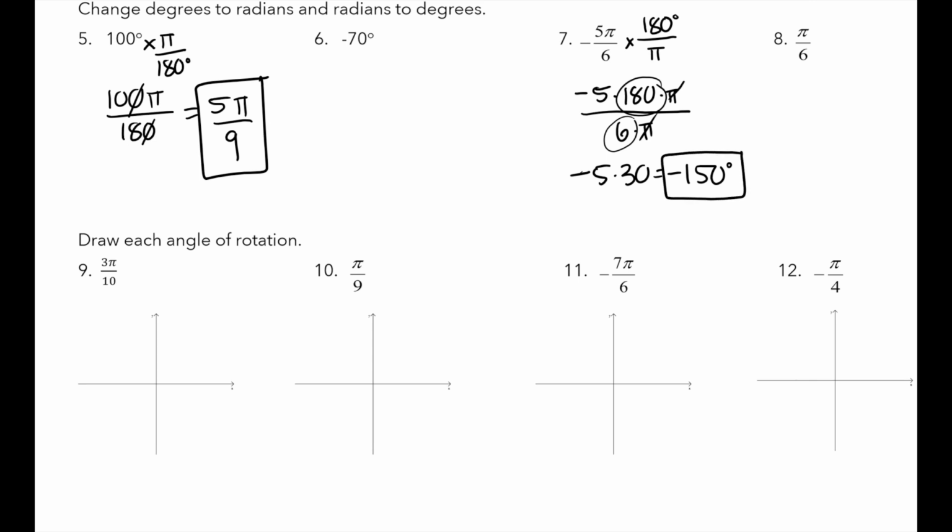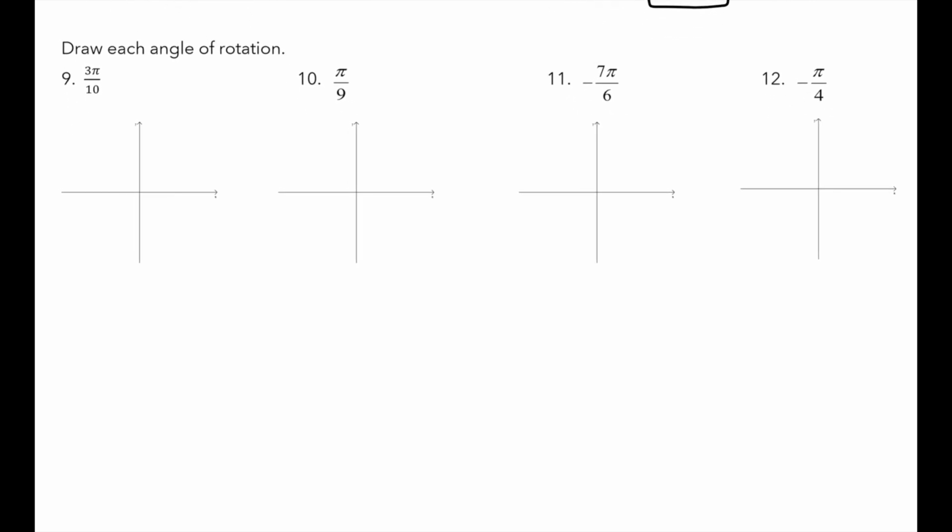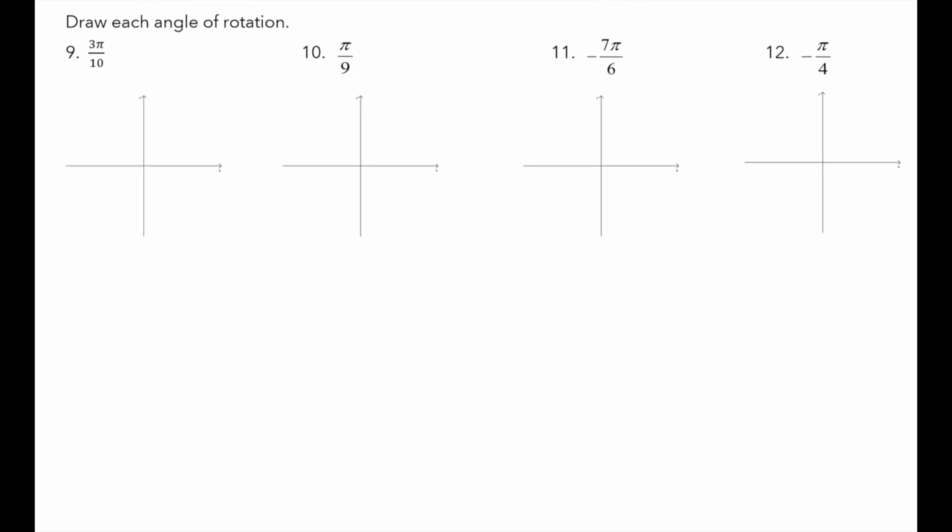Let's practice drawing these angles. What we need to remember is that here is 0. This is halfway to pi, which is over here at 180. And this is 3/2 of pi.